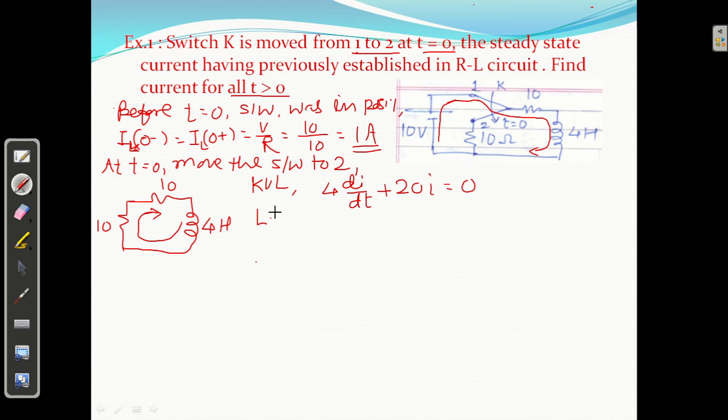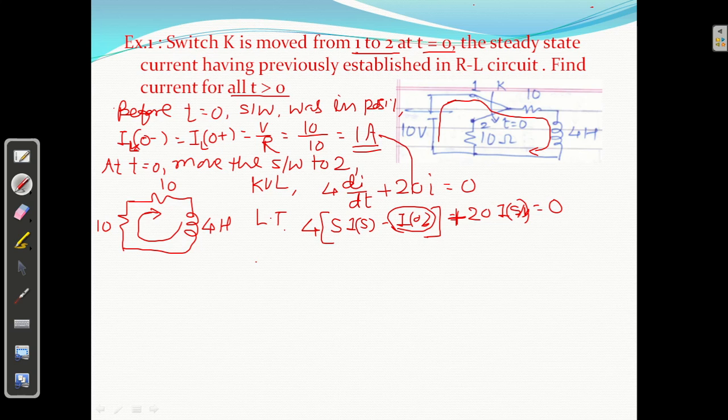Take the Laplace transform. If you take the Laplace transform, what will come? 4 common, S I(S) minus I(0), plus 20 I(S) equal to 0. Clear? And this I(0) shows the initial value of current.